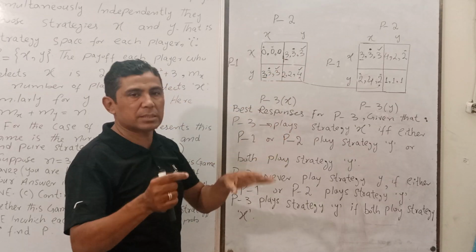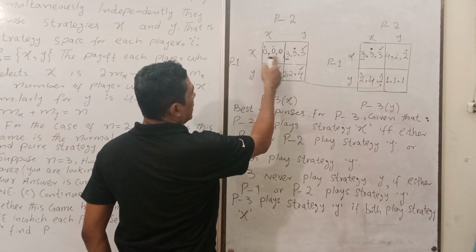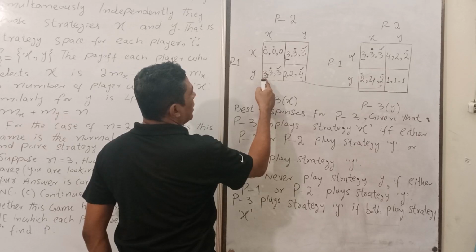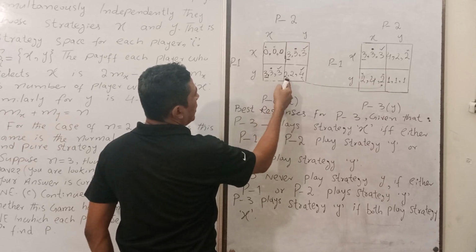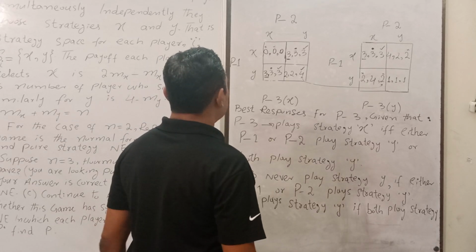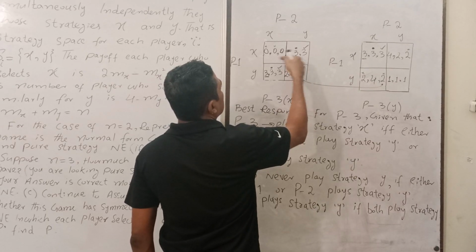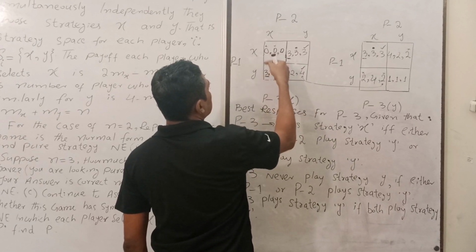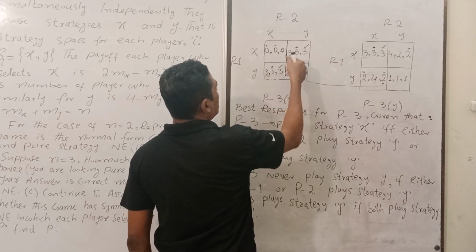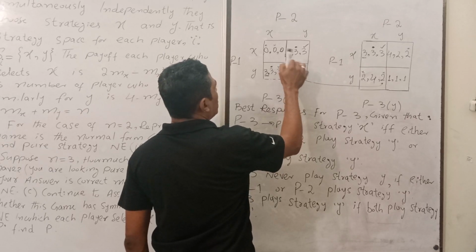Yes, it is a best response. How can you compare this value with this one? It is the larger. Similarly compare this value with this one, this one is greater. These are the strategies of X and Y to compare these values. It is the larger value.